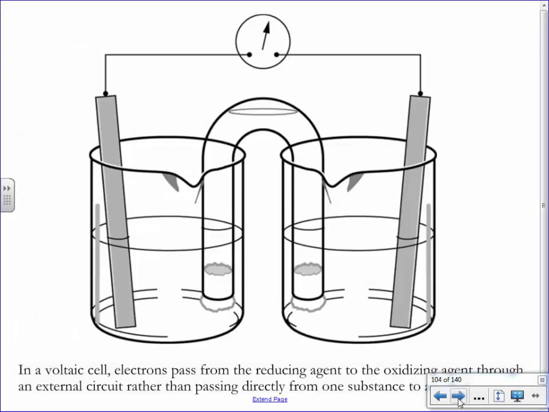Okay, I'm going to skip ahead here. I want to talk about a simple way of drawing a basic battery. So if you guys can find this slide here, one of the skills I need you to have is really a two-directional skill. I either need you to be able to look at a drawing of a battery and tell me what is going on, know what is happening: the electrons are going here, this is the positive, this is the negative.